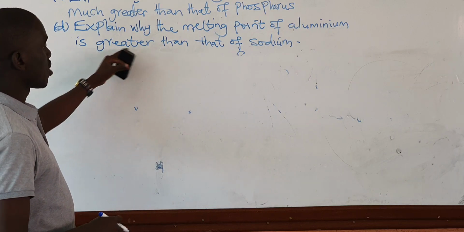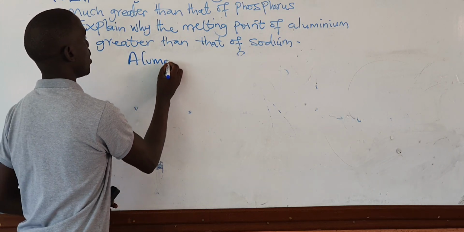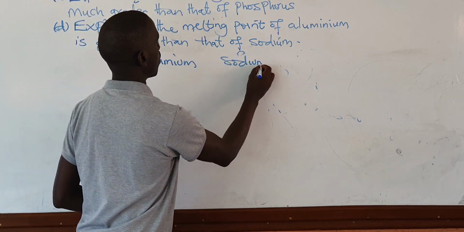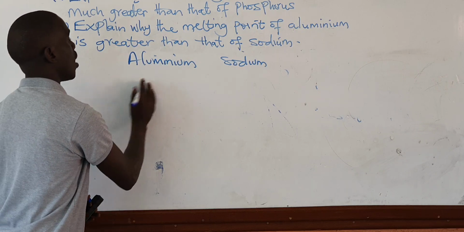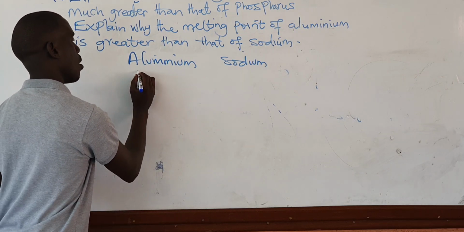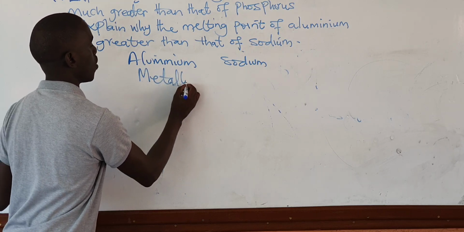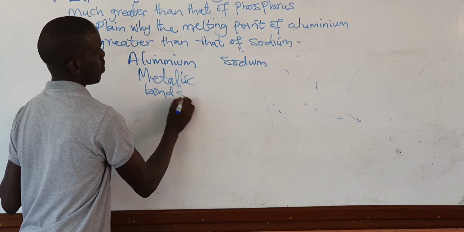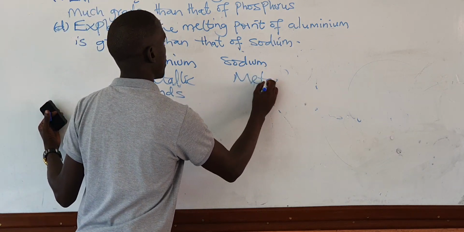So if you look at aluminium and then sodium, all of them have metallic bonding, or we can just say metallic bonds.